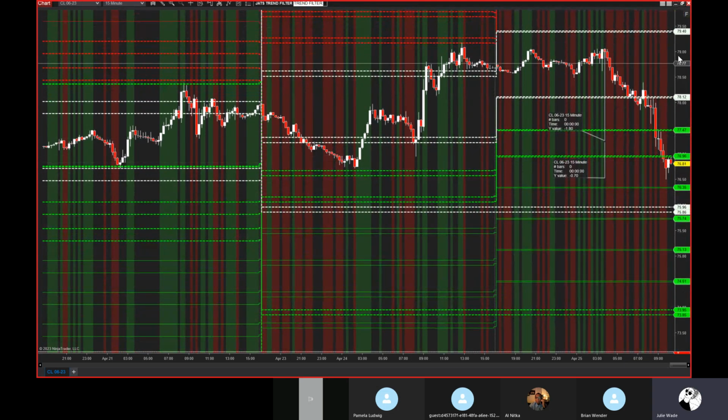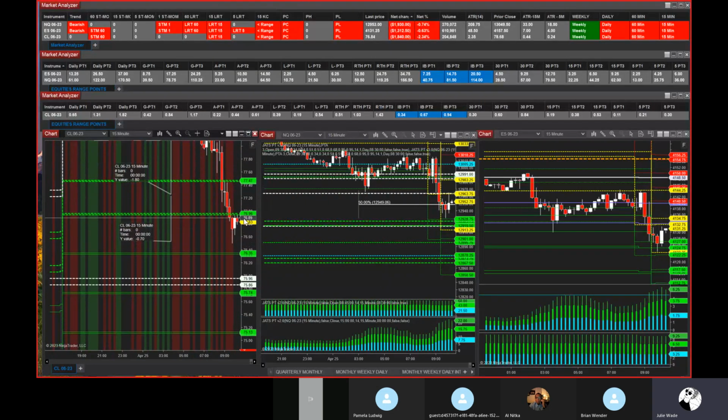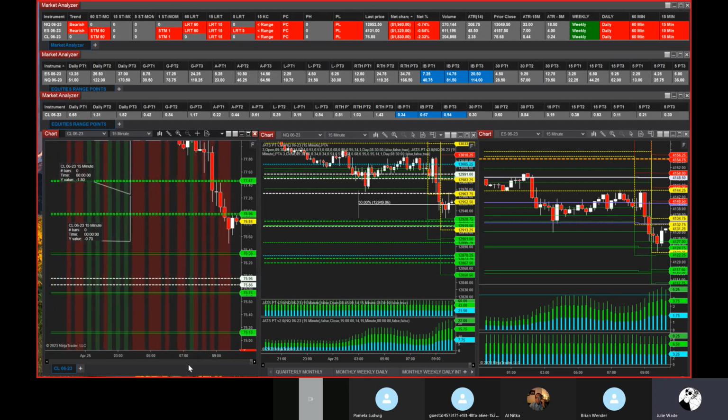So yeah, it looks like it's tagging the daily 3 and using that as resistance. Working out pretty good. Let's see if it comes down to, we've got 20 cents to go to make it 1.5 of the range.